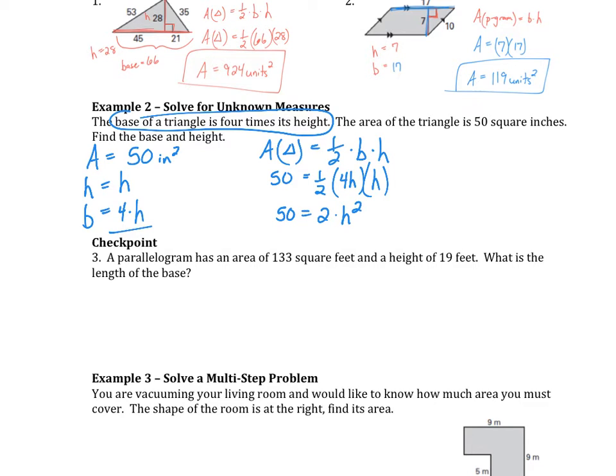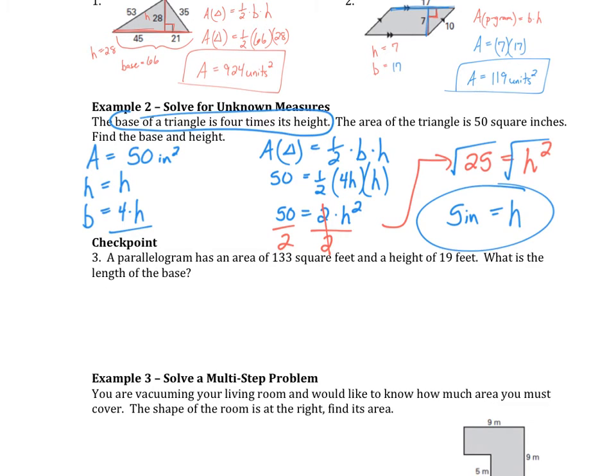So it's 2 times h squared. 50 equals 2 times h squared. Now we want to get h alone, so we divide by 2. 50 divided by 2 is 25. So 25 equals h squared. And the last step is take the square root. The square root of 25 is 5. So we get 5 inches is the height.